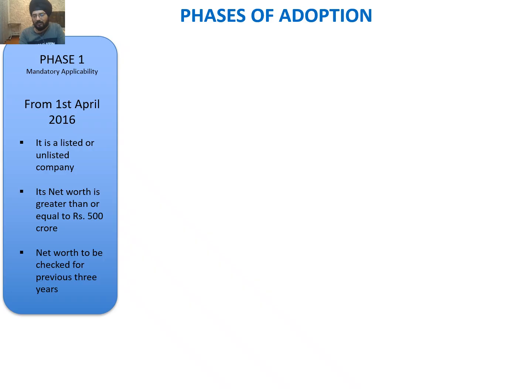To confirm, the net worth is to be checked for the previous 3 years, and if in any of the last 3 years the net worth is equal to or more than 500 crore, then they need to mandatorily adopt IND AS to represent their financial statements. So that was the rule from 1st April 2016.